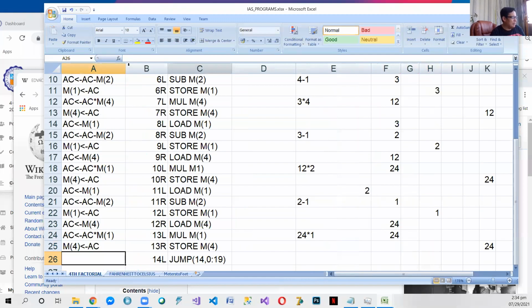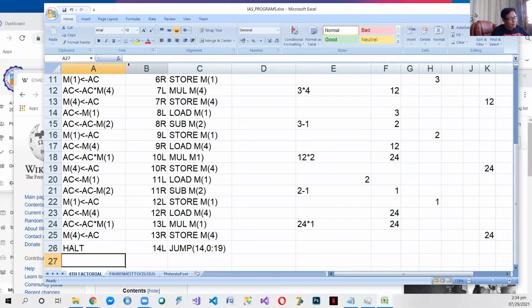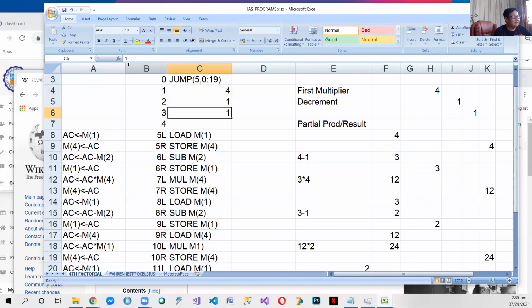And then this one is a halt. We don't have a halt command, so what we'll just do is loop to that perpetual. This is a perpetual loop which will do nothing. Do you follow? So it's a repetition of computing the partial product and computing the next multiplier.